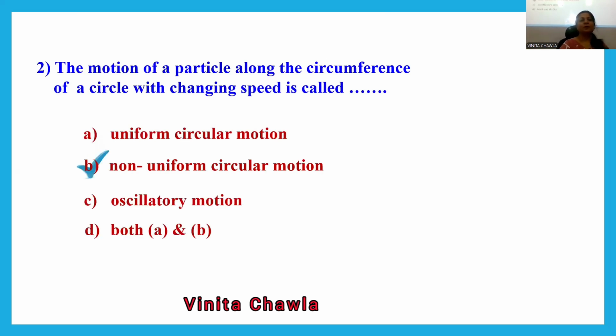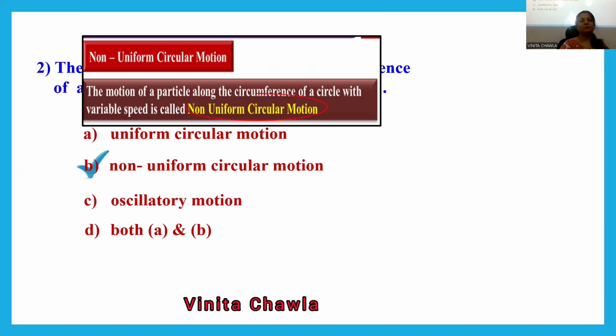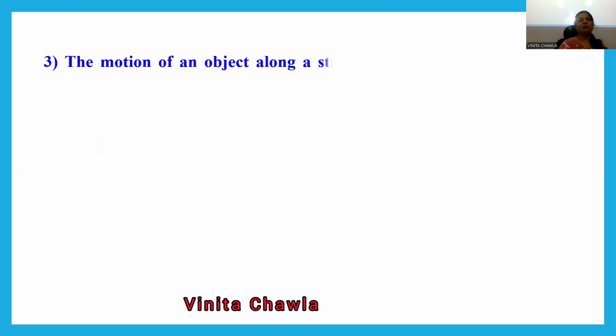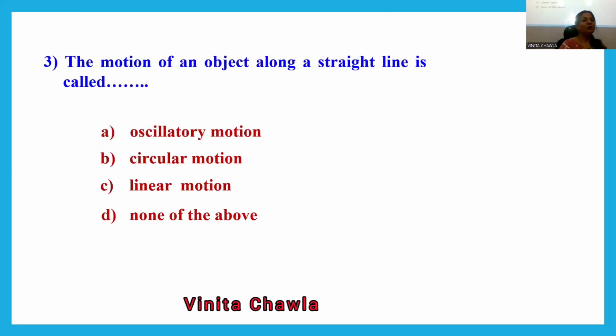Okay. If the particle moves with variable speed, or changing speed, then it is non-uniform circular motion. Motion of an object along a straight line is called translatory or linear motion, we can say.